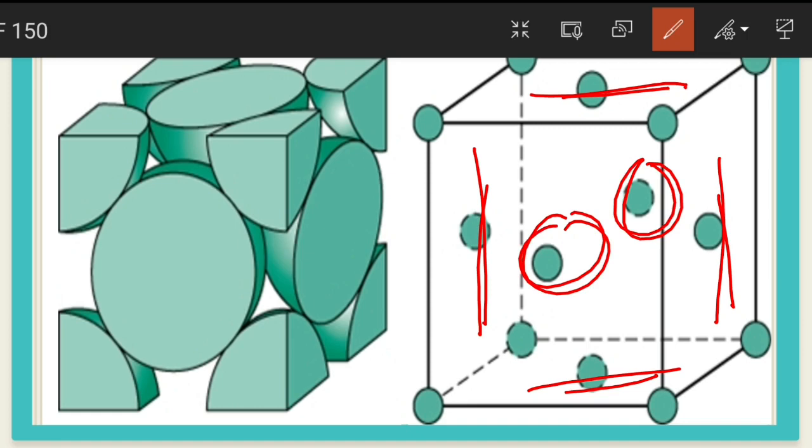You need a little imagination for this, like all 3D images. So there are 6 faces: 1, 2, 3, 4, 5, 6. All 6 faces will contain constituent particles, plus the corners. So that is all about face centered unit cells.